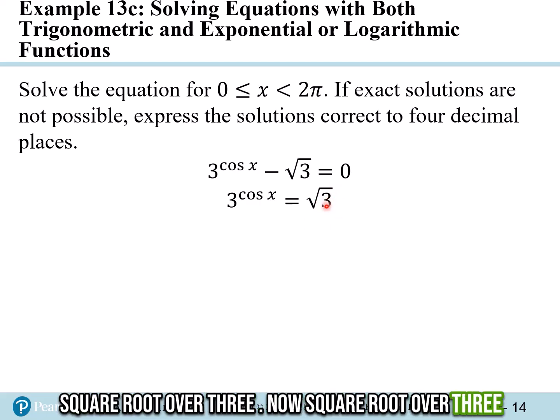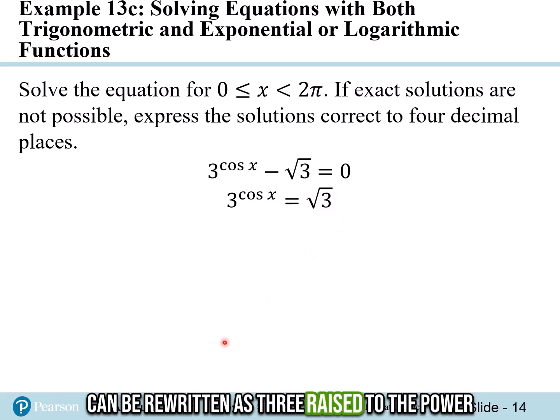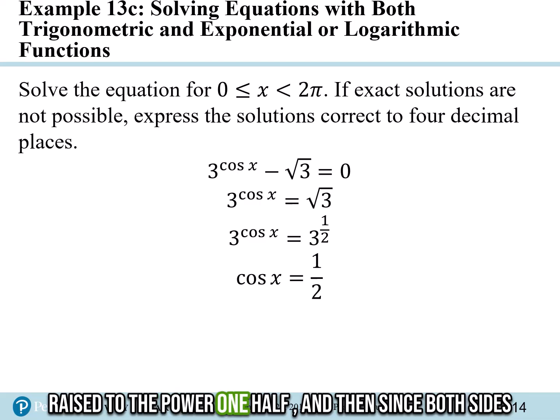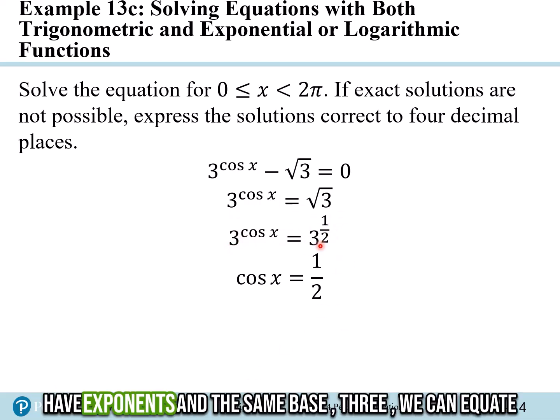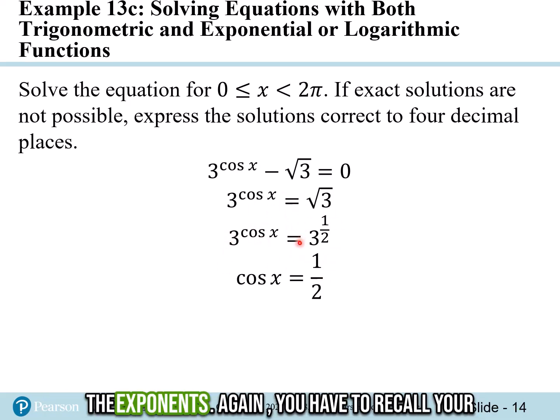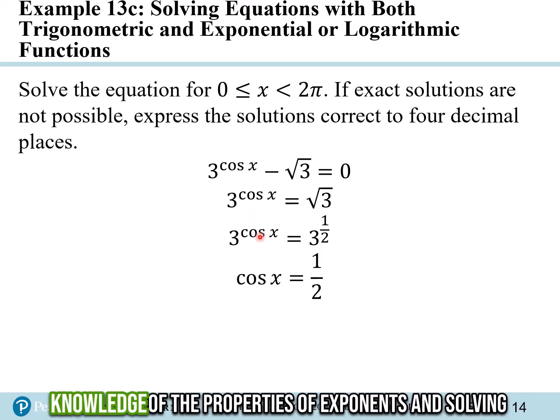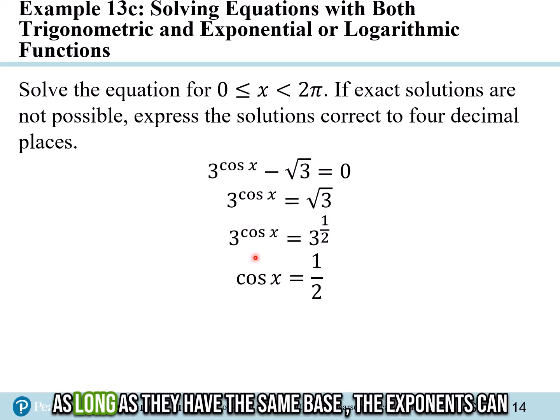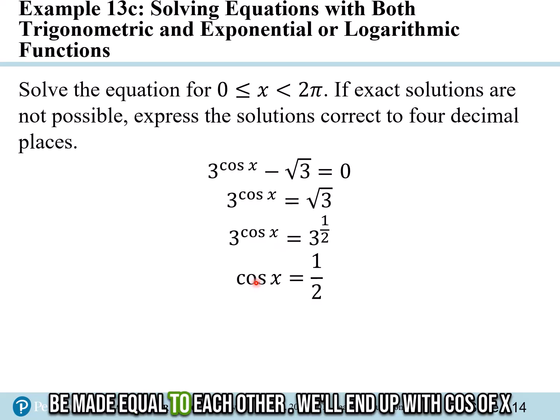Now, square root of 3 can be rewritten in exponent form as 3 raised to the power 1/2, and then since both sides have exponents and the same base 3, we can equate the exponents. Again, you have to recall your knowledge of the properties of exponents and solving equations with exponents. As long as they have the same base, the exponents can be made equal to each other.